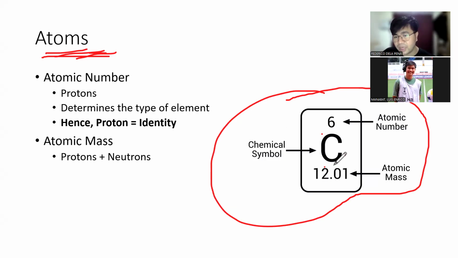For example, a carbon atom, C, will usually have two numbers, the atomic number and the atomic mass.